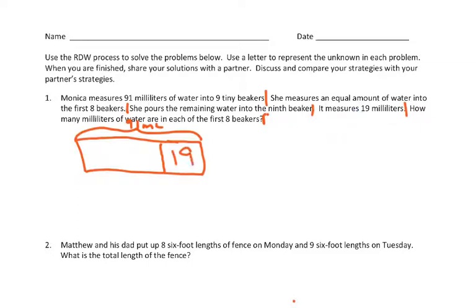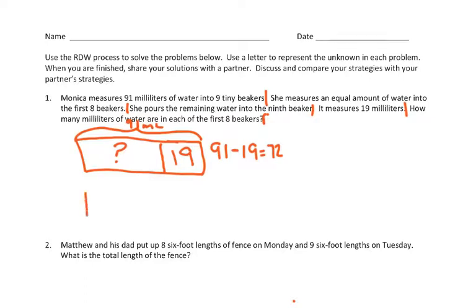So this will be 19, and we don't know this. So, to figure out how much water was put into the first 8 beakers, we can now do 91 minus 19, which will give us 72.